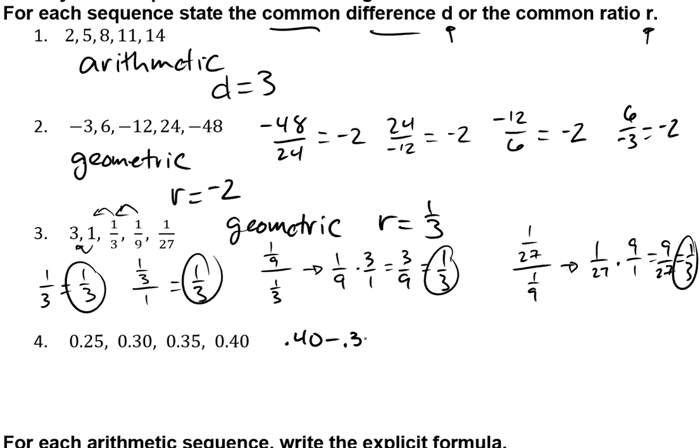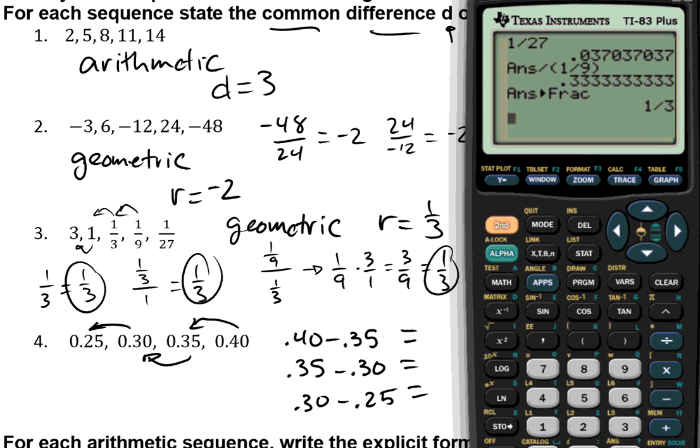That's this term minus the one before it. Then I might take the 0.35 and subtract the 0.30 like this. Then I might take the 0.30 and subtract from that 0.25, and that's this difference right here. And I made a mistake. I just totally called that 0.5, and it's not 0.5.